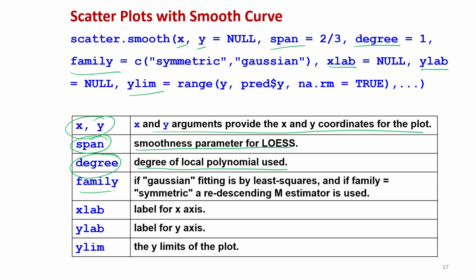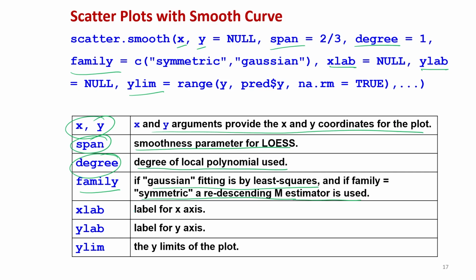And about the family, it says whether a Gaussian fitting is used by least squares, or a symmetric descending M estimator is used. For example, if you try to recall when we discussed density plots, we had used different types of options to create the density plot, right? So similar is the concept given here by this family.